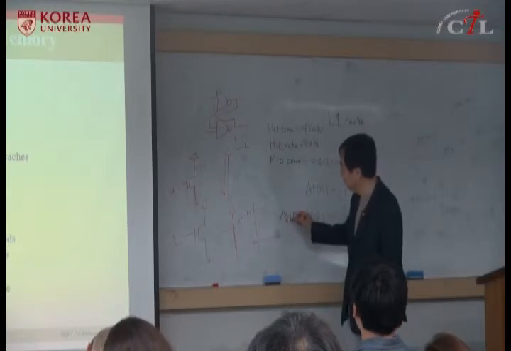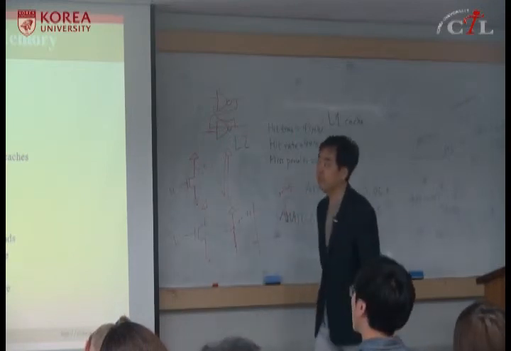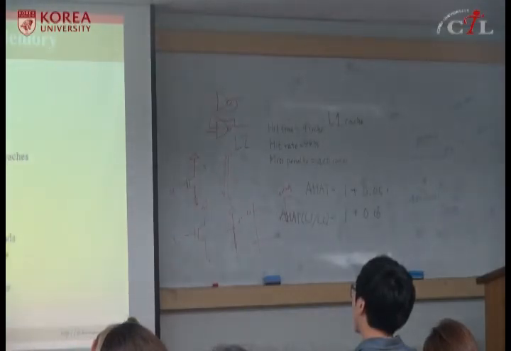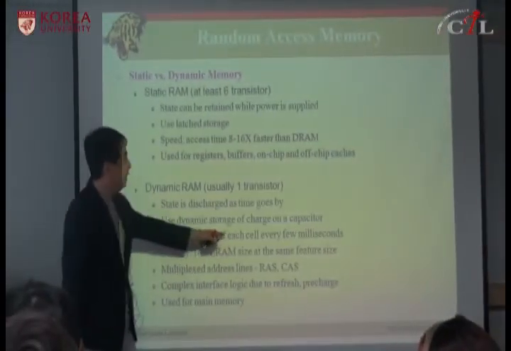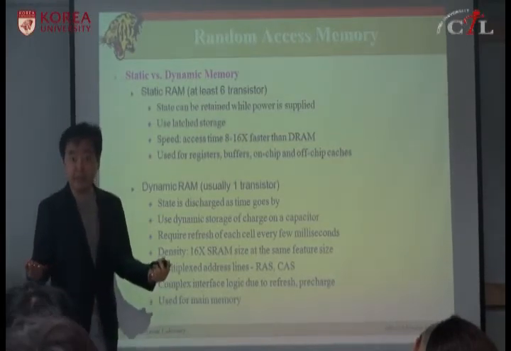Before it goes to zero, you have to recharge. This is called refresh. This is called dynamic RAM. Every few milliseconds you need a refresh, otherwise you lose your memory.